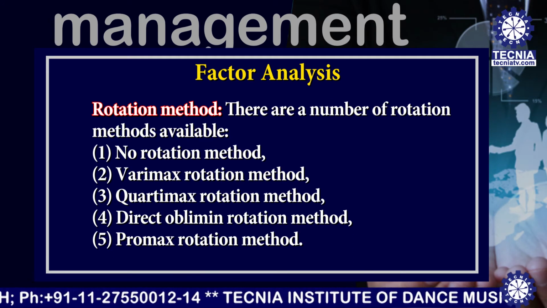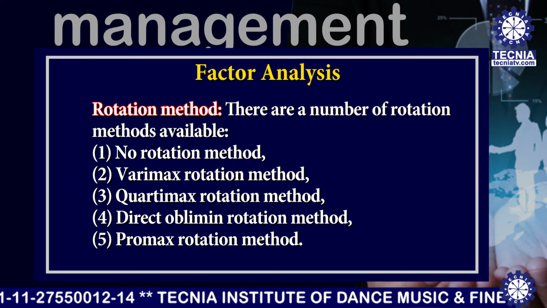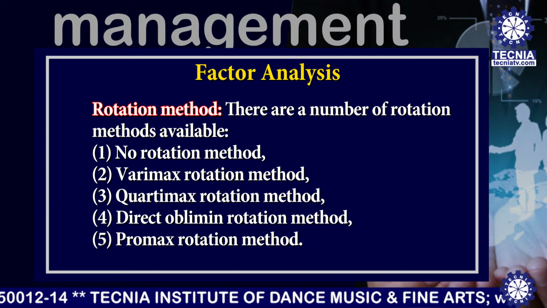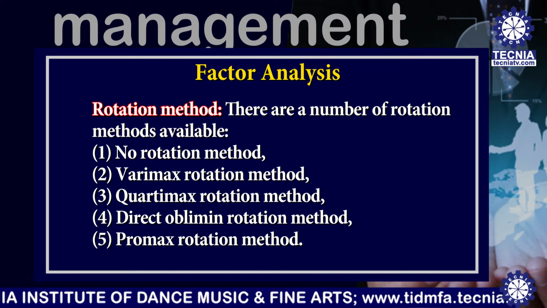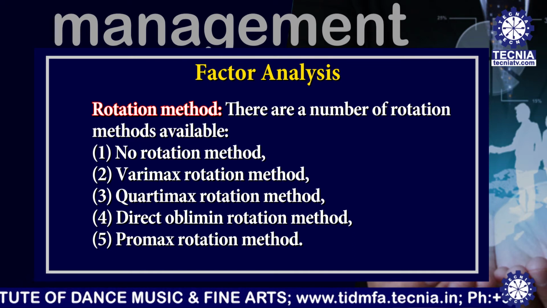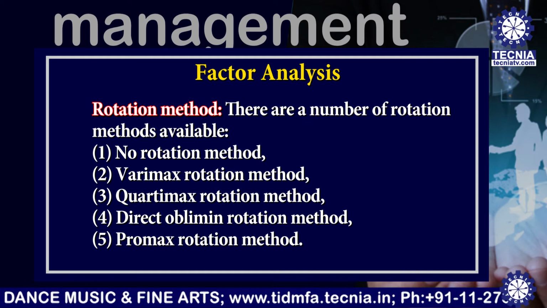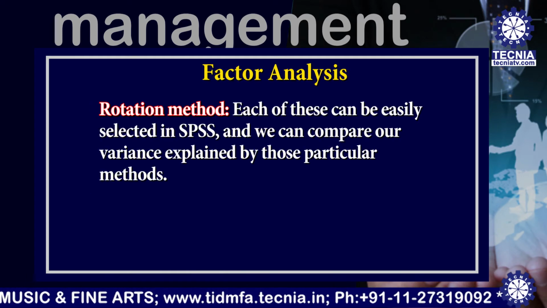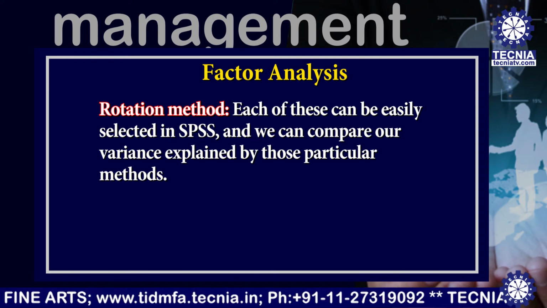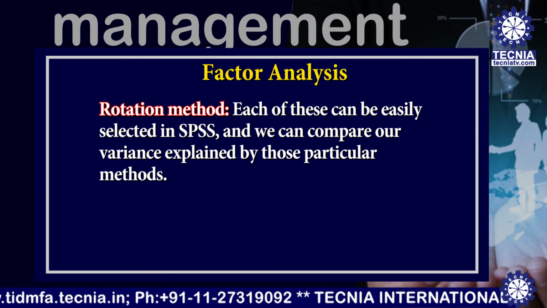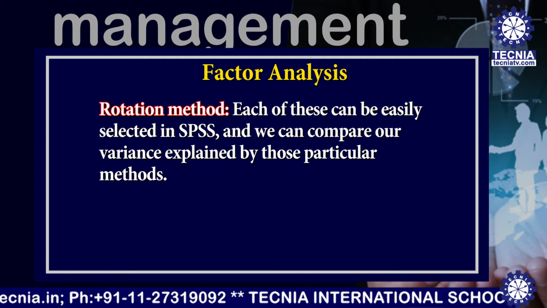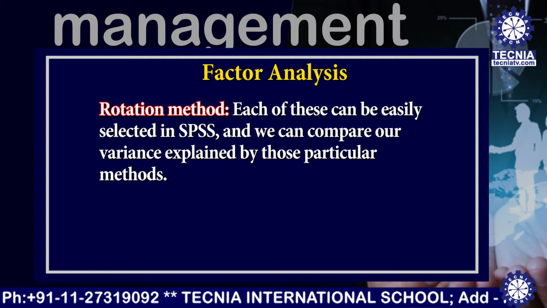Second one, Varimax rotation method. Third one, Quartimax rotation method. Fourth one, direct oblimin rotation method. And fifth one, Promax rotation method. Each of these can be easily selected in SPSS, and we can compare the variance explained by those particular methods.